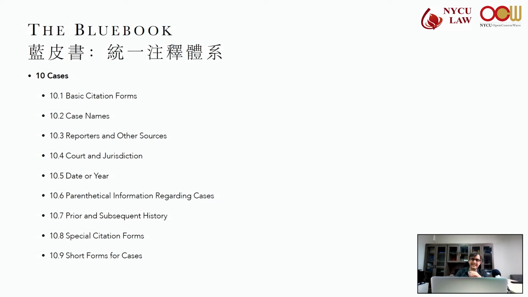You can cite to the database. You provide the case name, the docket number, database identifier, court name, and full date of the most recent disposition. So there's an example here where they're citing to Lexis.